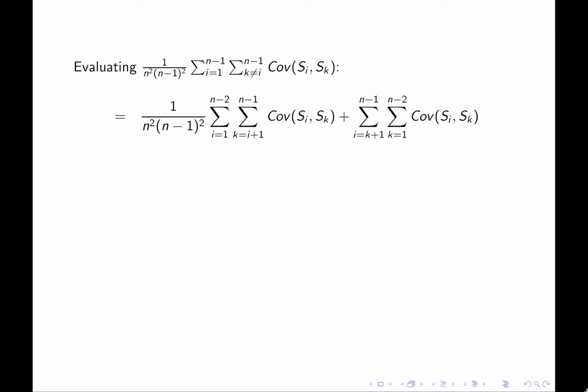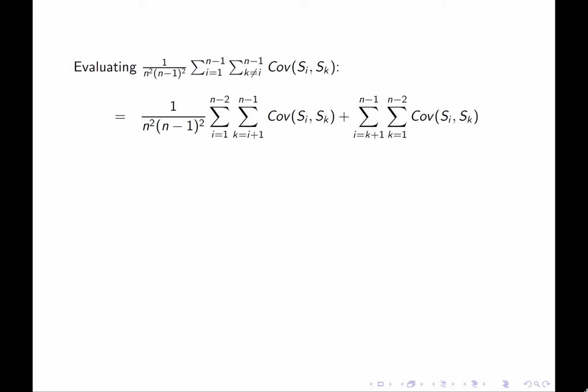Now, because for the first term k has to be bigger than i, I've set the maximum limit of the sum for i to be less than k, because otherwise that would set i and k to be equal at some point, which can't happen.